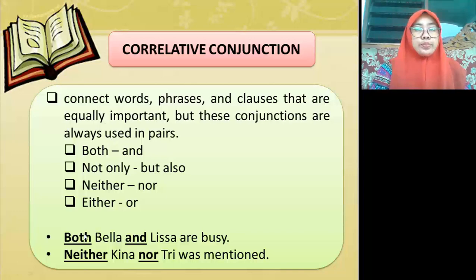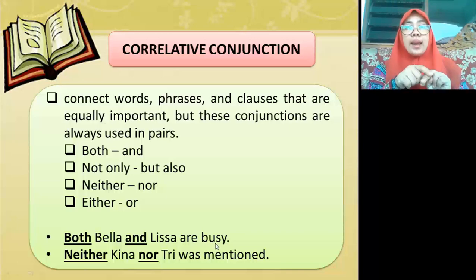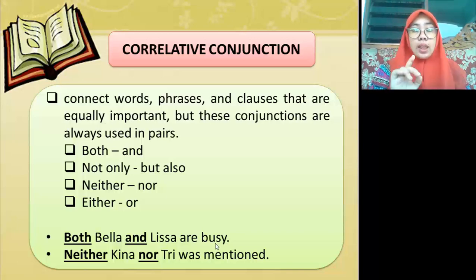For example, both Bella and Lisa are busy. Okay, both Bella and Lisa are busy. That's the example of using both and. And then neither Kina nor Tree was mentioned.